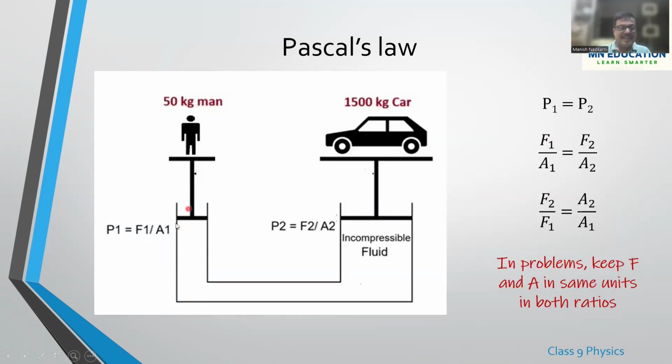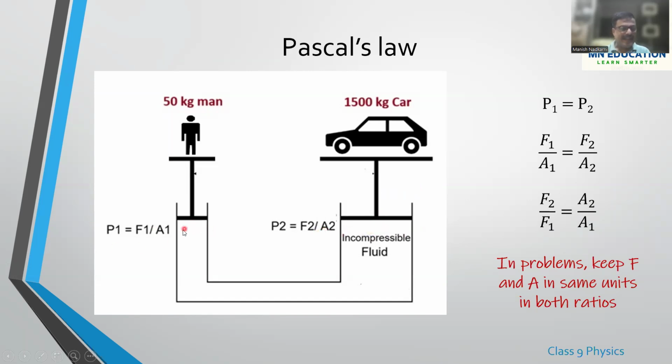Imagine a cylinder over here whose circular area is A1, and another cylinder here. So these are two cylinders on two sides, but they are connected at the bottom. This cylinder has a circular area of A2. It's a larger cylinder.